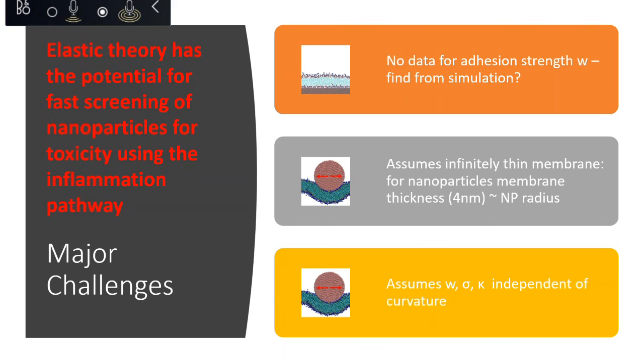So we can't ignore the thickness, really. And it also assumes that W, sigma, and kappa are independent of the curvature, which they're not. So we have some work to do in removing those assumptions while still remaining within the general framework of the elastic theory.